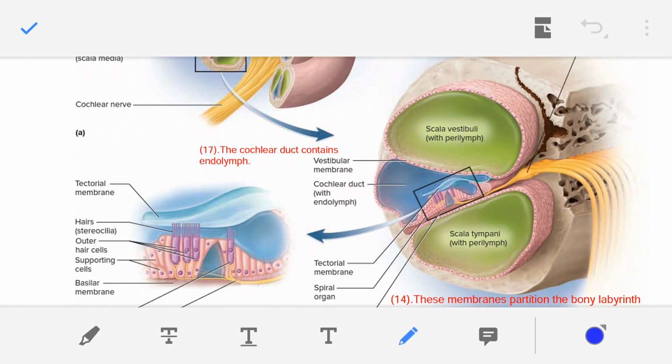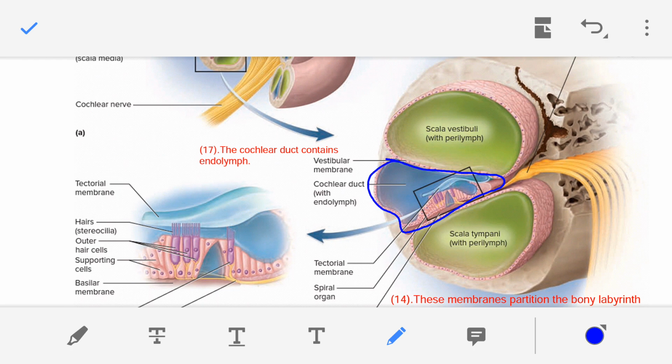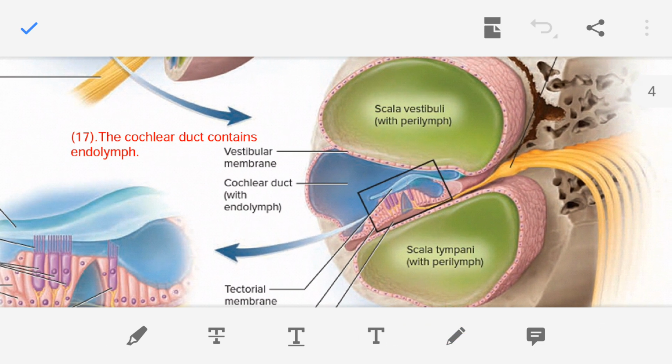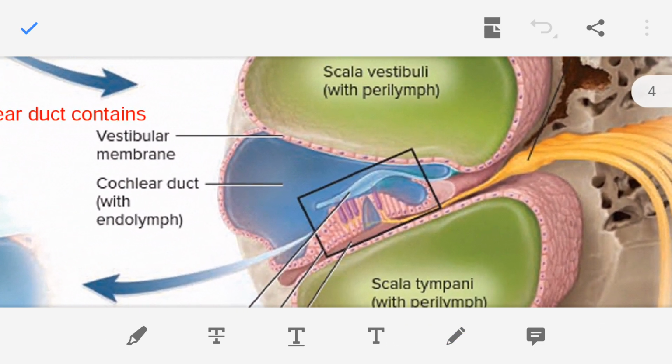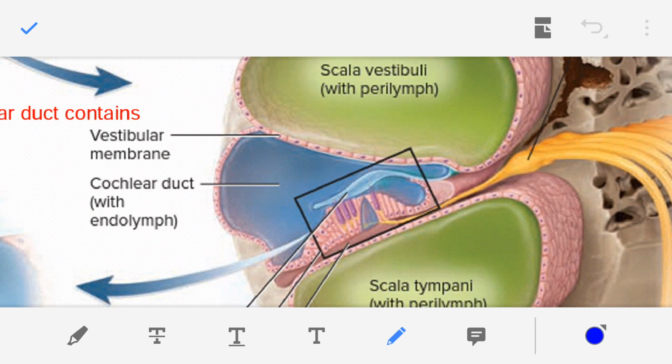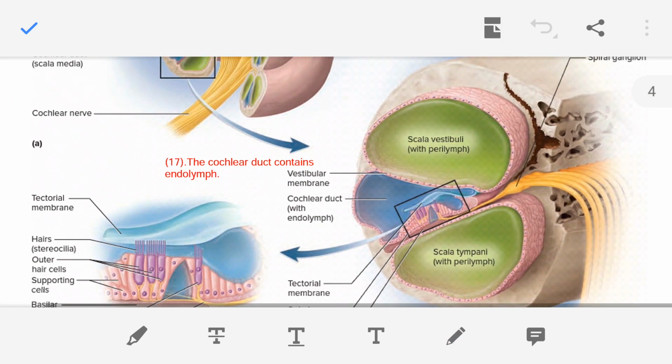So once again, this is the membranous labyrinth portion, and this membranous labyrinth is known as the cochlear duct. The roof of the cochlear duct, this cellular layer, is known as the vestibular membrane.